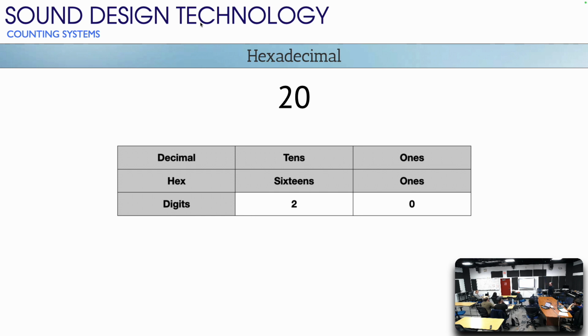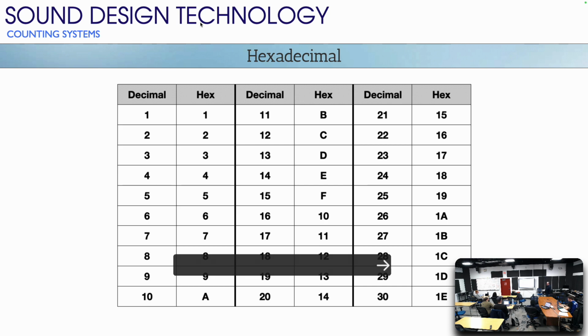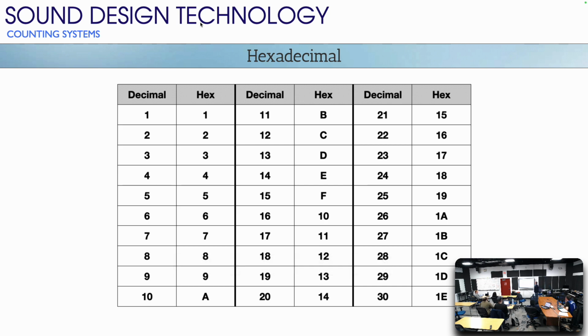What would a number that involved a letter look like? Oh, yeah, I'll show you. So here's a chart of values ranging from 1 to 30, represented in both decimal and hexadecimal. 1 through 9 look exactly the same, and then you start heading along your way, and we get to like 26, for example, in decimal.